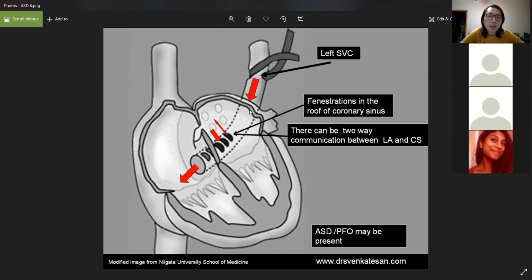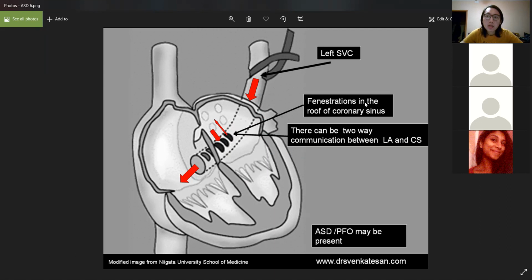It occurs on the borders of the coronary sinus, it means on the vein itself. There are holes on the vein. That is why the term unroofed comes into the picture, because this occurs on the superior part of the coronary sinus, sort of like a roof. So, unroofed coronary sinus.